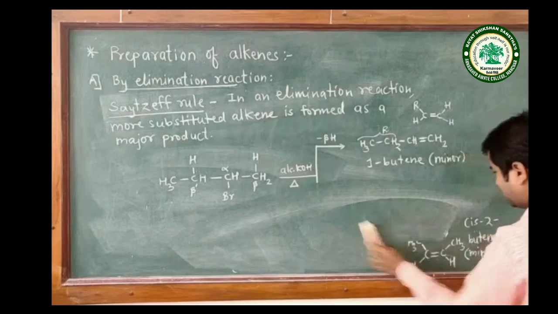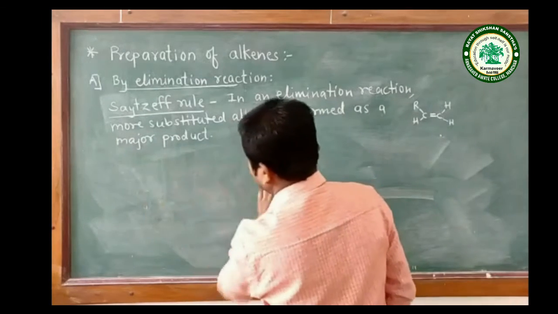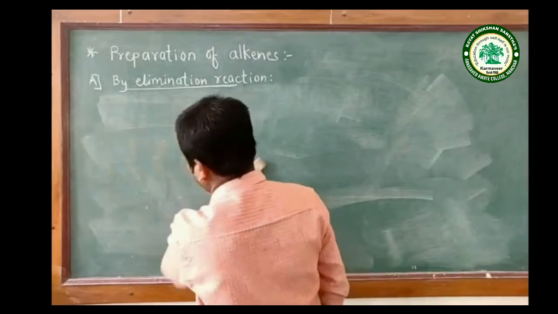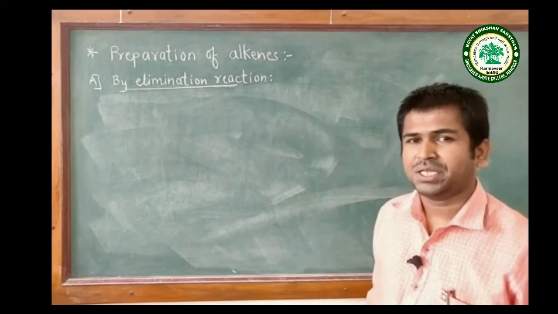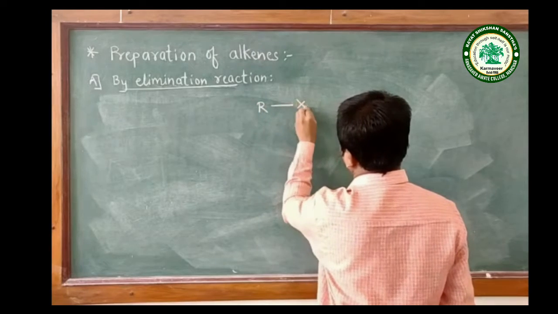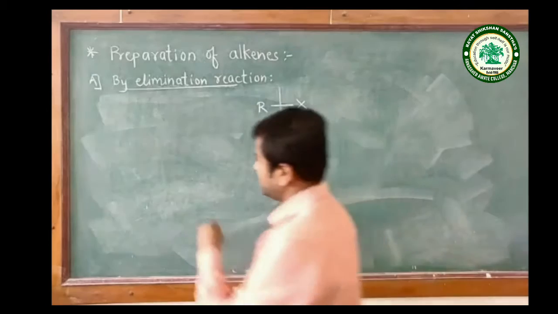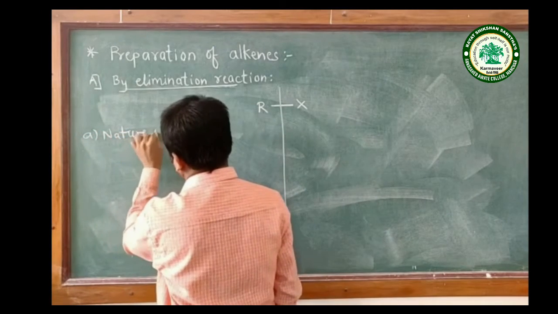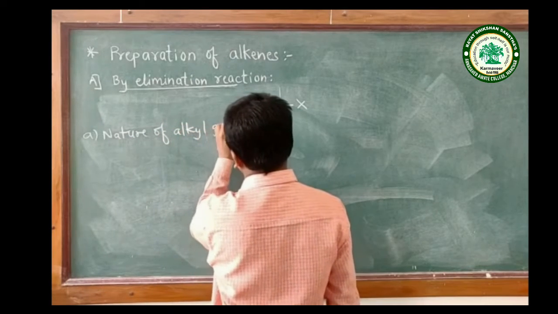The rate of elimination reaction of an alkyl halide depends upon the nature of the halide part and the nature of the alkyl part present in the alkyl halide. So the first one is the nature of the alkyl group.